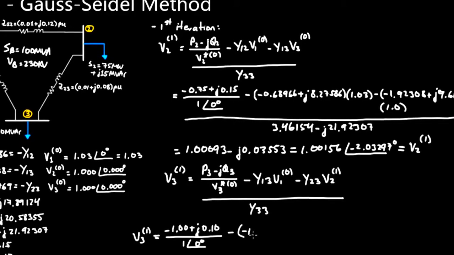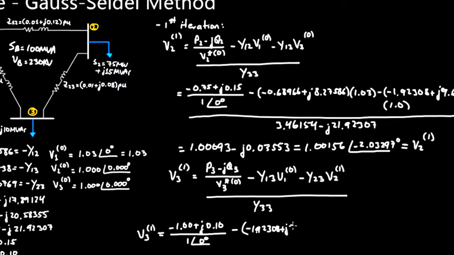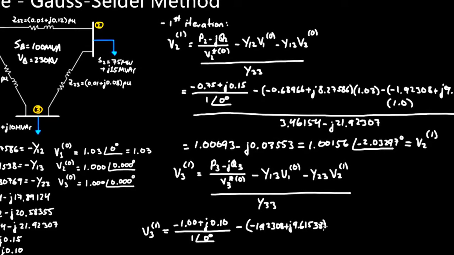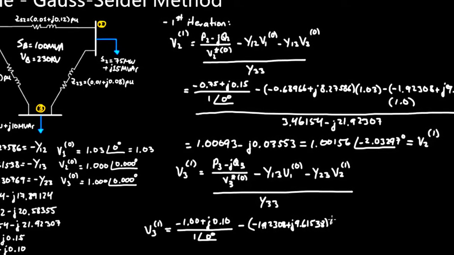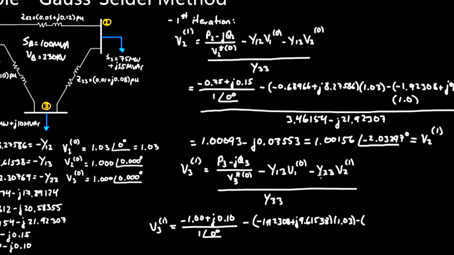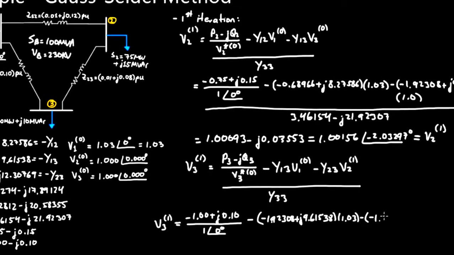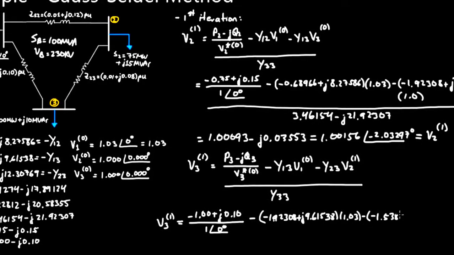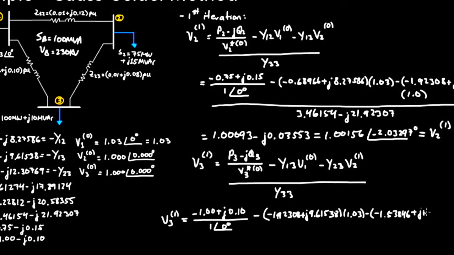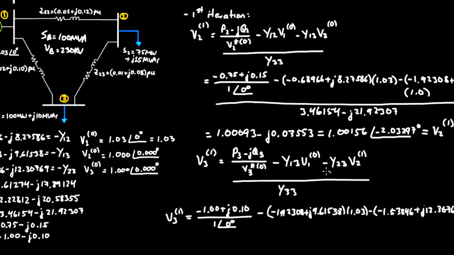So minus 1.92308 plus J 9.61538 times 1.03, then that minus Y23. So Y23 is over here, so minus 1.53846 plus J 12.30769 times V2 of 1, which is this number over here.